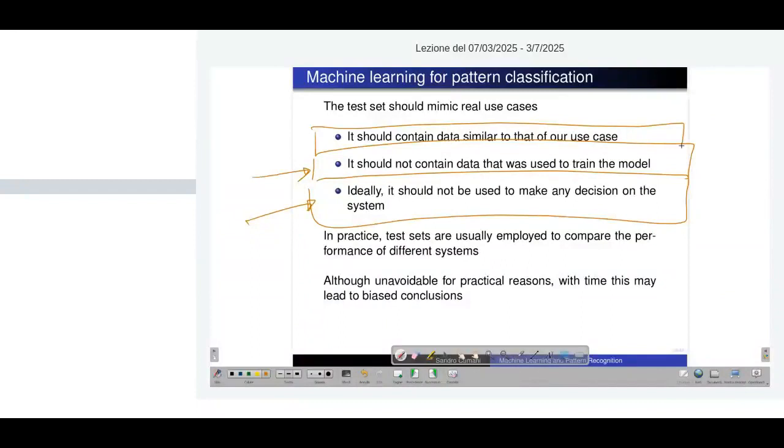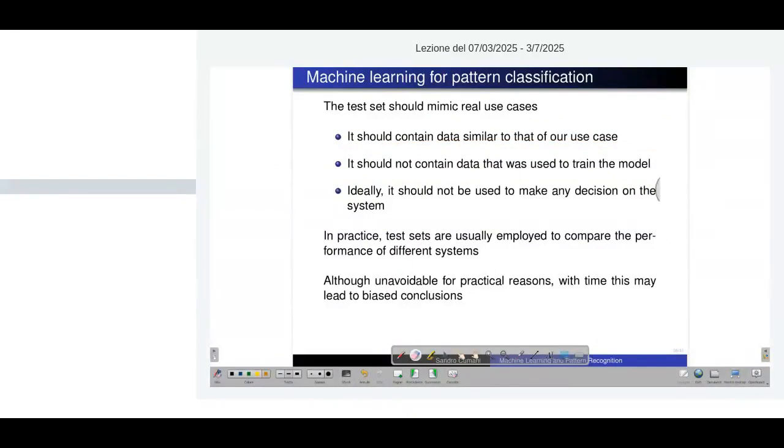But this is even more important for the evaluation data, because the evaluation data is what we use to decide whether our classifier works or not. So if it doesn't mimic the real application data, then we may end up thinking that something works when it doesn't, or vice versa. We may throw away something that looks like it doesn't work, while maybe it was actually good for our problem.